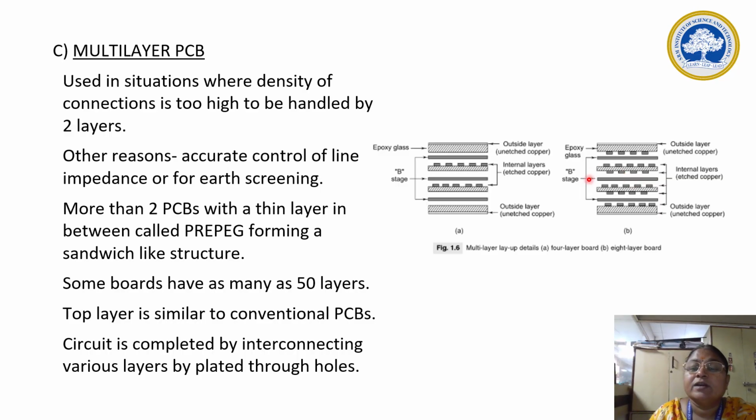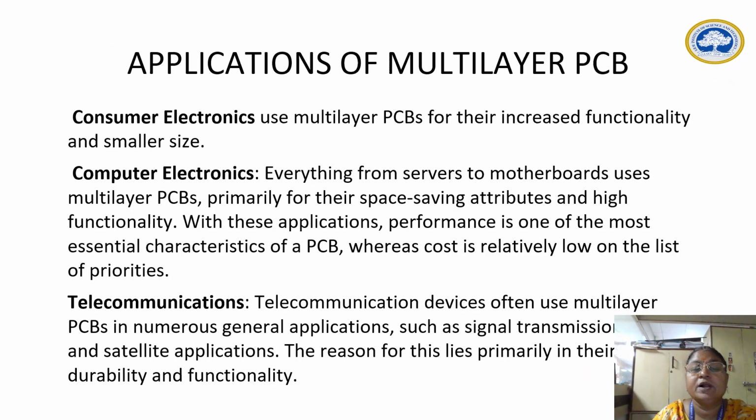It looks like a bread sandwich, which we call a pre-preg formation, and the top layer is a conventional PCB board, the normal boards we are seeing. The circuit is completed by having various layers connected through plated holes.